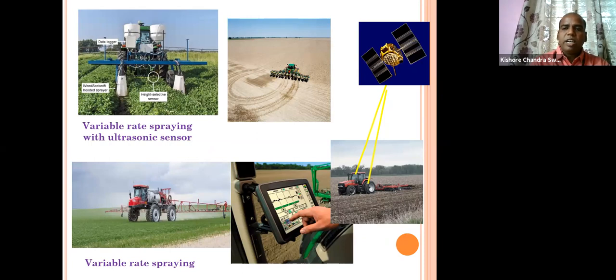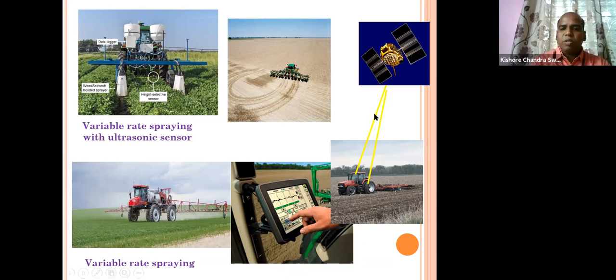Generally the crop has a certain height at a particular time, but weeds will be at different levels; some weeds will be very tall and some will be at ground level. So using a couple of ultrasonic sensors, you can make a variable spraying, because we don't want to spray on the crops, so that we can avoid.